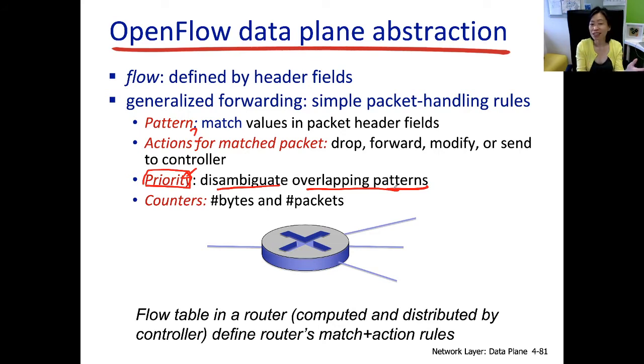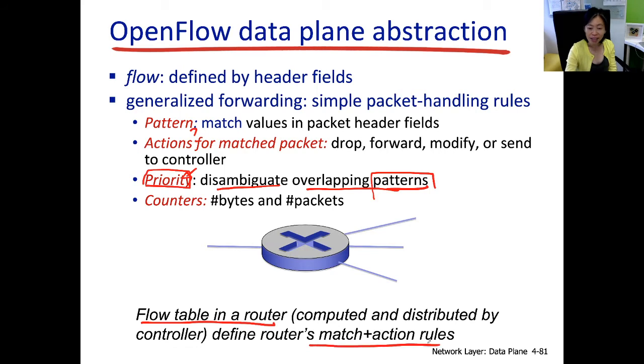That breaks the tie naturally, because there's only going to be one longest prefix. Unlike in SDN, we could have multiple patterns, and the patterns are general. It's not always a prefix, so you cannot use the length to break the tie. So we have a specific priority field there to break the tie. So the forwarding table in a router has 4 columns, and it defines how the SDN router handles a packet. It defines the match and action rules.